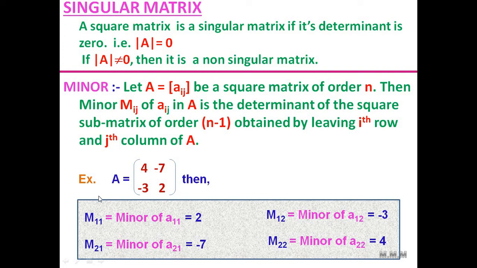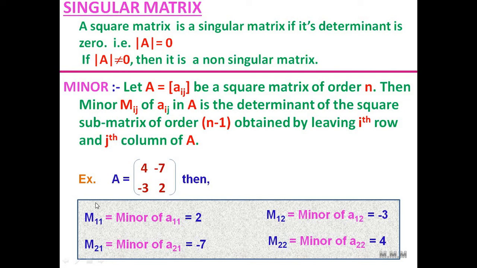See here, the example A is given, A equals 4, minus 7, minus 3, 2. It's a 2 by 2 matrix. We are going to find the minors. Here it has been written, if the determinant is of order n, then the submatrix of order n minus 1 will be the minor. The ith row and jth column will be left.